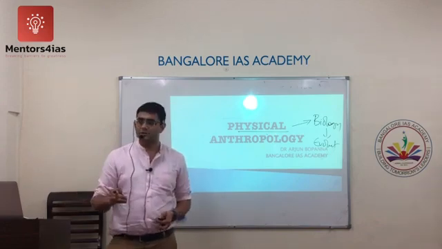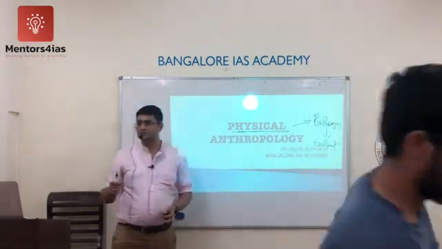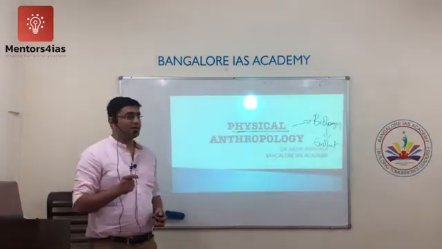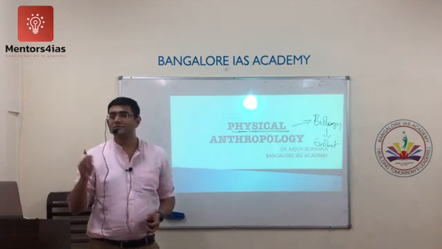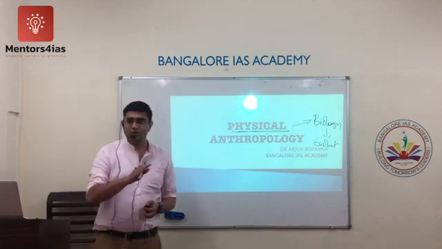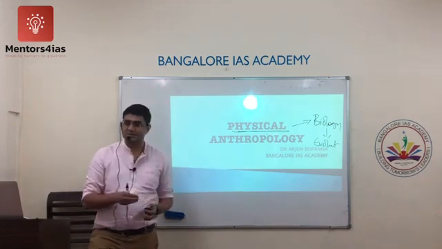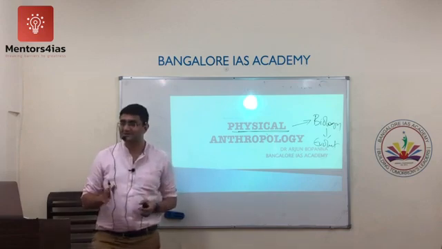Now in anthropology, what do physical anthropologists study? They study human biology from the point of view of evolution, within the framework of evolution. Please understand, you don't have to know the genetics that BSc genetics students will study. It's not about that.